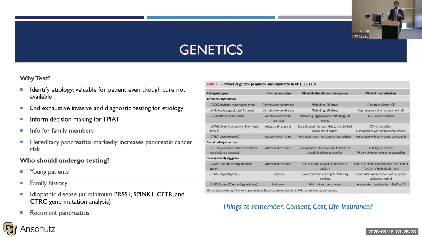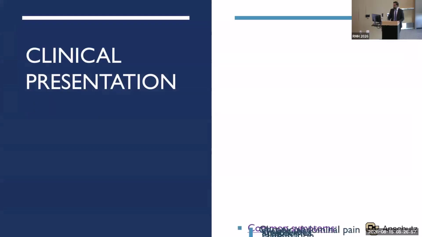And finally, are there consequences for any genetic testing, whether it's for life insurance or other insurance policies? Could that change outcomes for our patients, and could they be dropped from insurance? We don't really have good answers for that. So I think discussing that with your patients before jumping into testing is really critical.